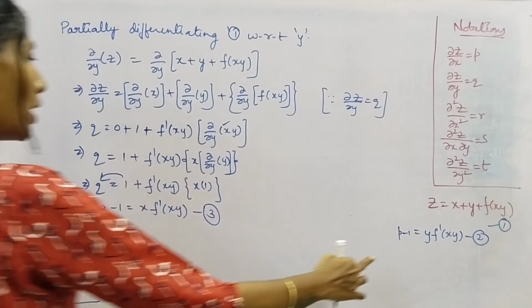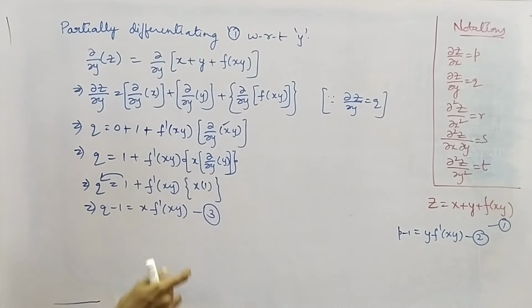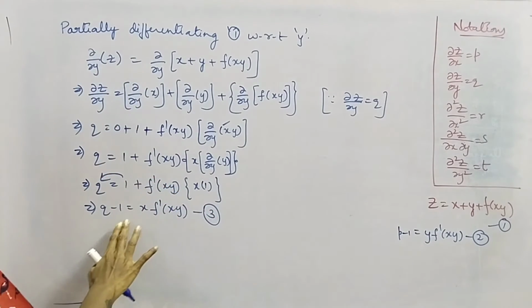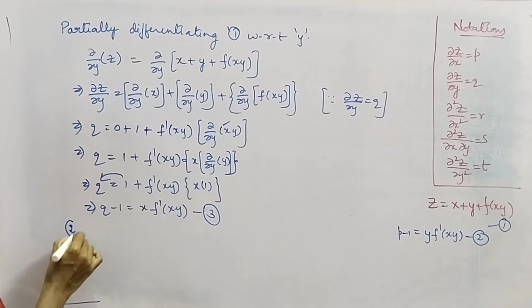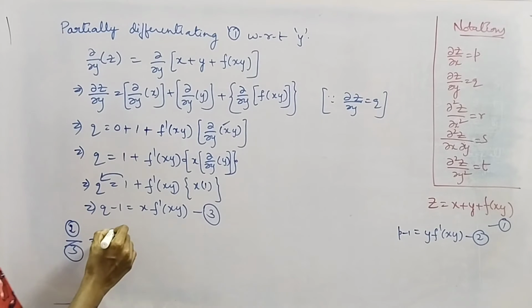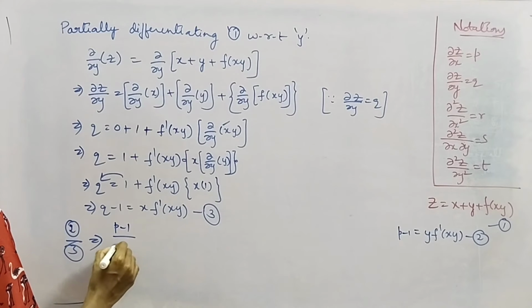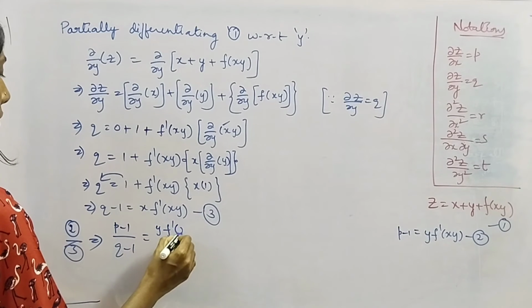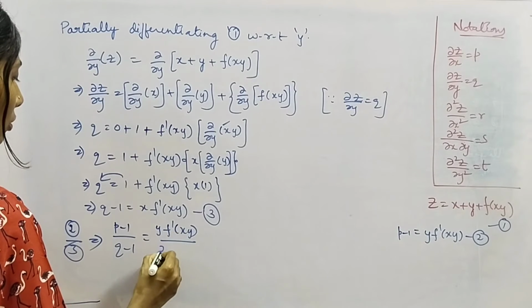Now observe 2 and 3. In both the equations we have f dash of xy. So let's eliminate f dash of xy from these two equations by dividing 2 by 3, which gives us LHS of 2 by LHS of 3 equal to RHS of 2 by RHS of 3.